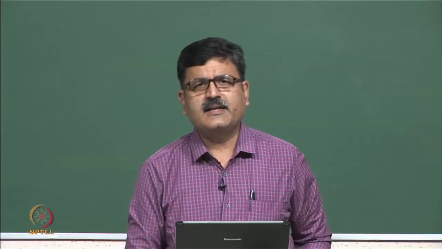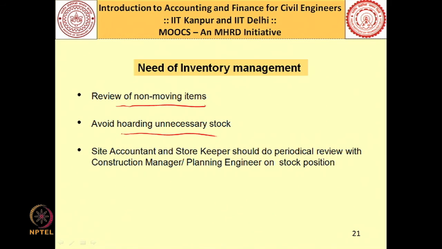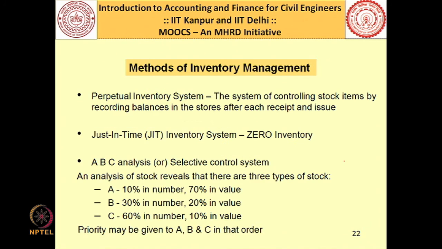So, unnecessarily space is occupied, unnecessarily money is blocked. Then you also need to avoid hoarding of unnecessary stock. Whatever is needed, only that should be kept in your stock. So, it is essential that your site accountant and storekeeper do a periodical review with the manager and the planning engineer to keep a better stock position at your site.